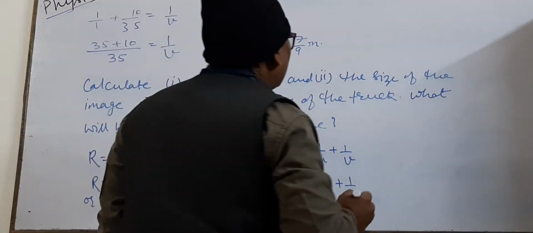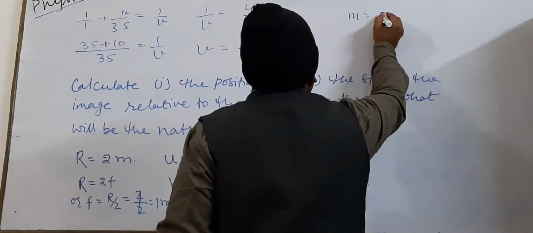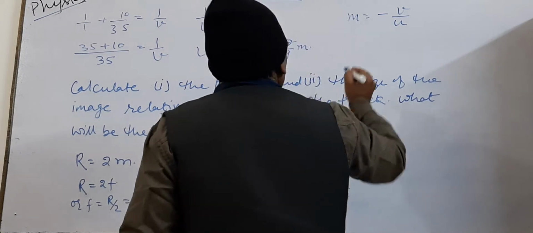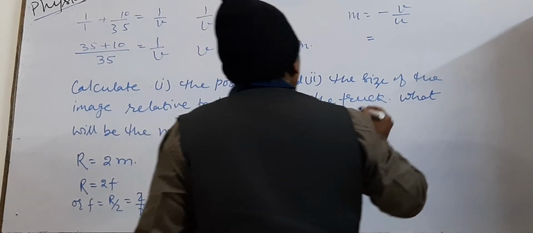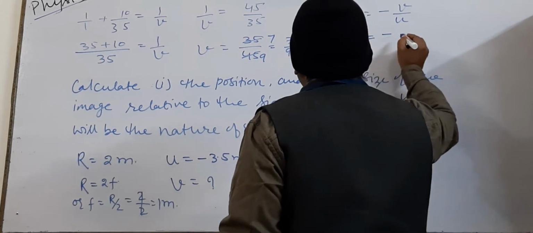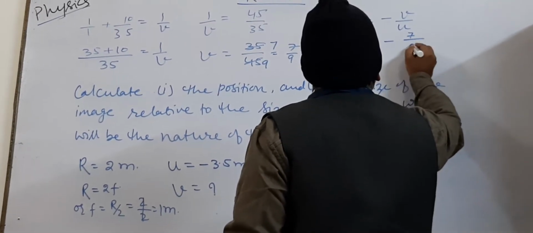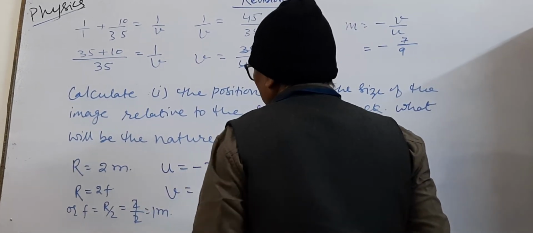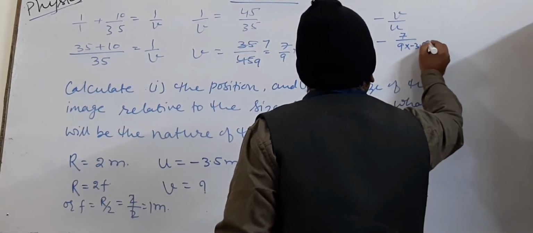So first of all, you should find out the magnification. M is equal to minus V by U. So value of V is 7/9 and U is minus 3.5.